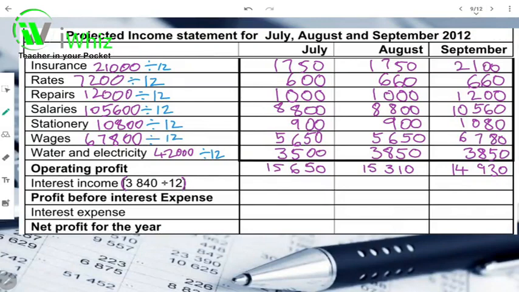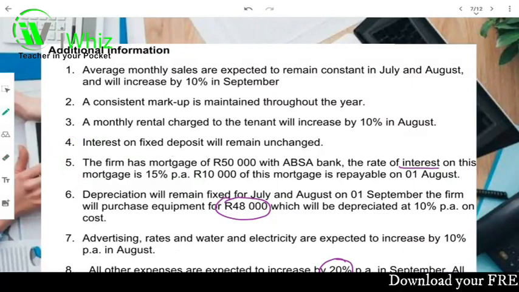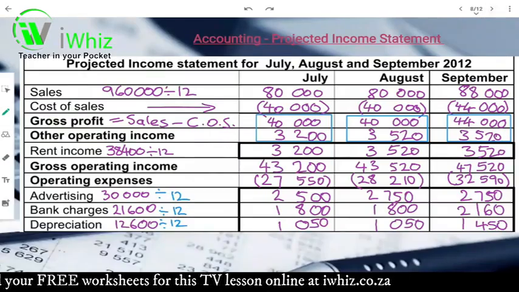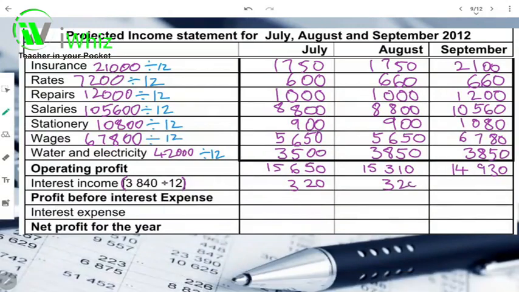That will give you a monthly amount of 320 Rand. Were there any additional information for your fixed deposit? It says that your interest on fixed deposit will remain unchanged. So there are no changes to your fixed deposit. So it will remain 320 Rand for the balance of July, August, and September that we're expected to receive.